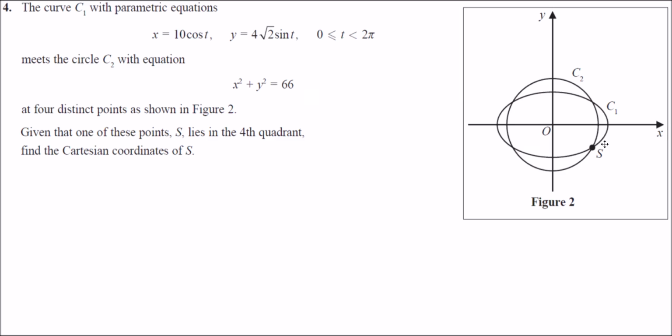So essentially we want our coordinates S in terms of an x coordinate and a y coordinate. So in other words, we don't want this to have anything to do with a parameter t. We want it all in terms of x's and y's. So what we could do is sub in x here into the equation of a circle and also y here into this equation.